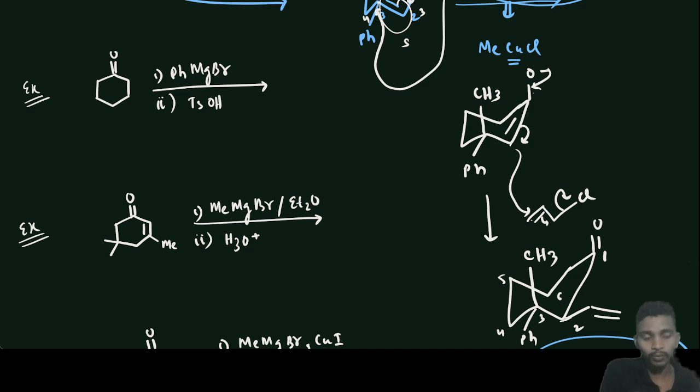Okay, after that we will do where it will attack, axial. So they always want to prevent 1,3 diaxial interactions, but if there are no options, then they have to do that. And to avoid 1,3 diaxial interactions, what they used to do is simply the equatorial attack.